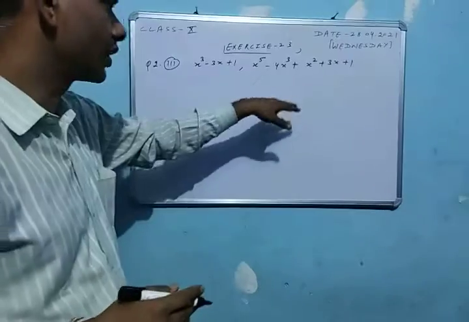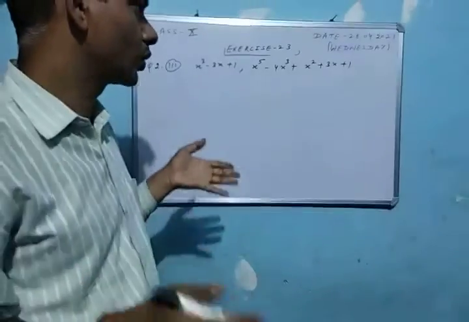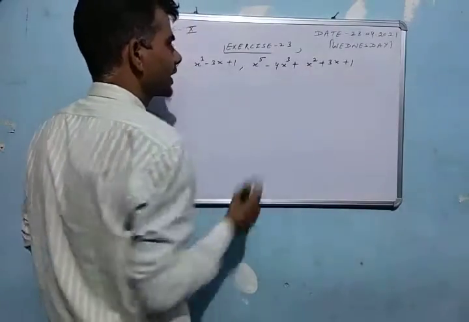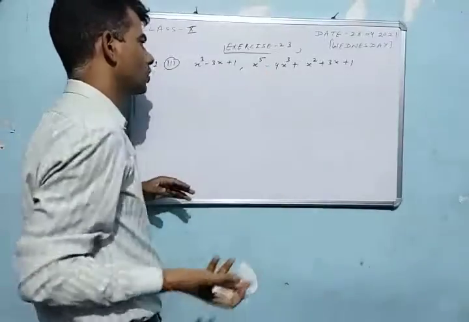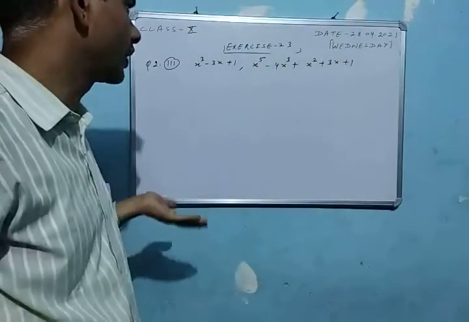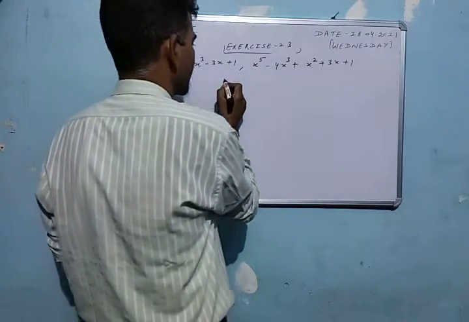We will do as in the previous questions. First of all, we will divide the second polynomial by the first polynomial and check that the remainder is equal to 0 or not. Student, divide it. Check the powers are in descending order. Yes, power is in descending order. There is no requirement of rearrangement. Now student, divide it.